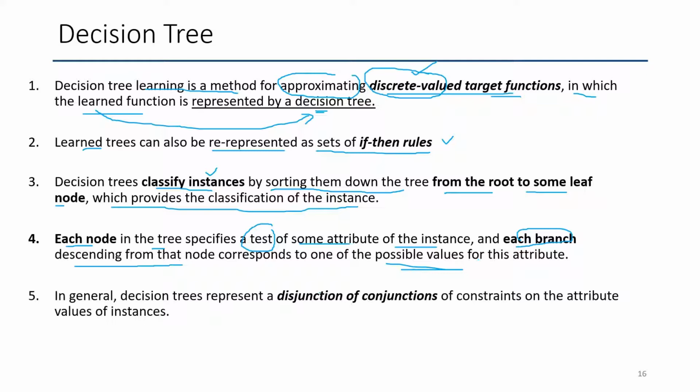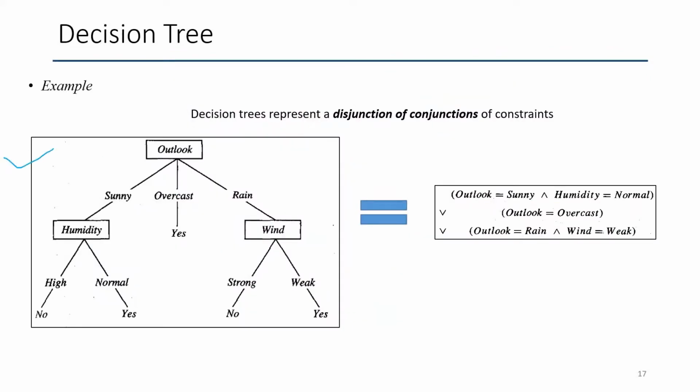In general, a decision tree represents a disjunction of conjunctions. Let us talk about this. Consider the same decision tree. What this statement is saying is that our decision tree is nothing but a disjunction of conjunctions. You must be familiar with disjunction and conjunction.